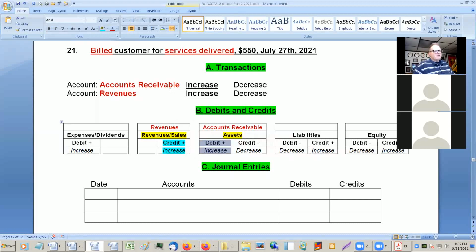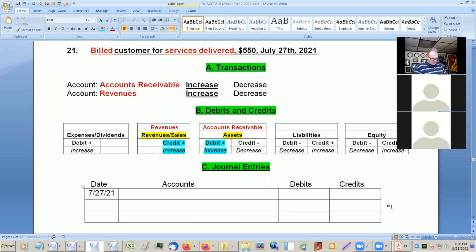Now, accounts receivable is increasing, so that will be the debit. But if you know one side of the equation, you know the other side. And again, I don't care which one you put first. If you put the revenues first, as long as you credit it, that's fine. The book will tell you otherwise, but that's not really an accounting rule. That's just something, I don't even know how that came up, to be honest with you.